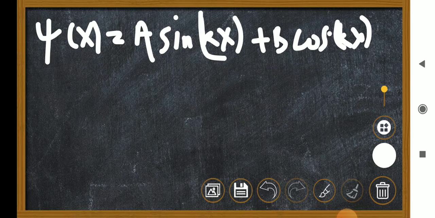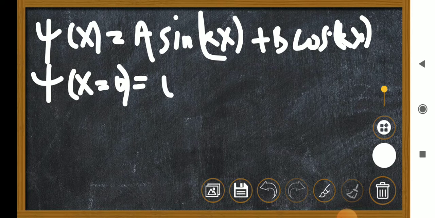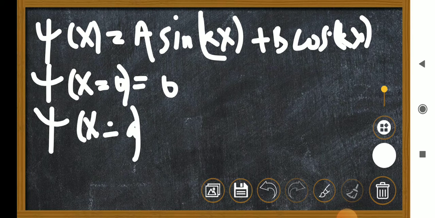Now taking the first boundary condition, psi of x at x equals 0 is 0, because there is no wave function that is penetrating at that particular point, and psi of x at x equals L is also equal to 0. In our case, it's taken as L.